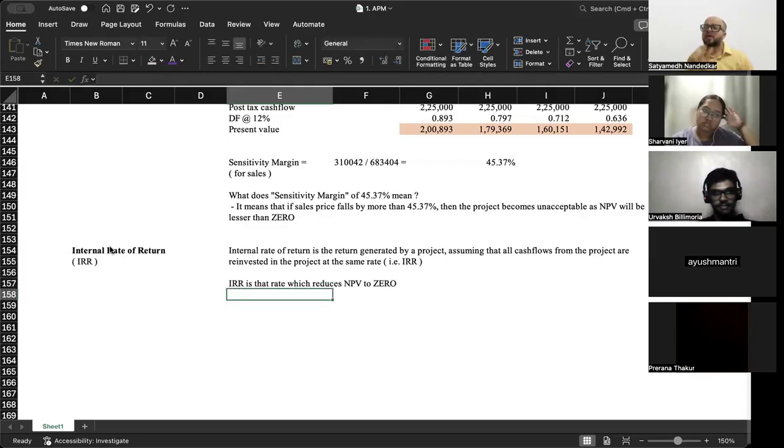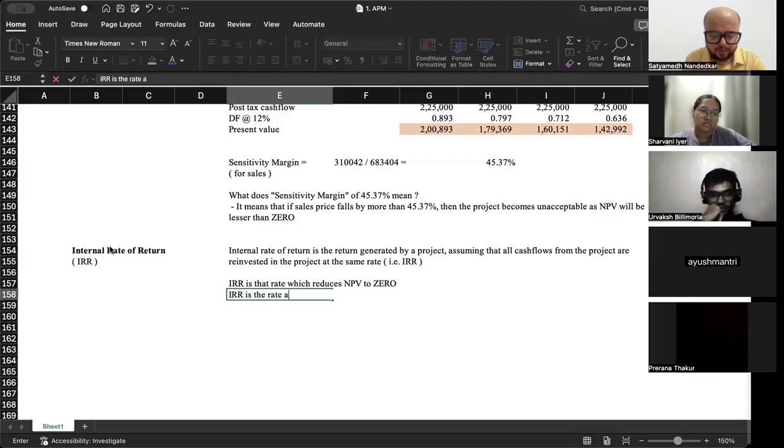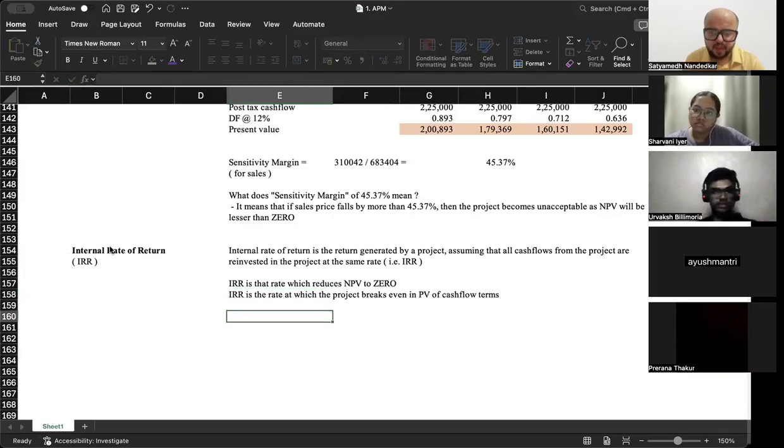Now, whenever you are looking at the IRR calculation, please understand that, A, it is a rate at which the project breaks even in present value of cash flow terms.